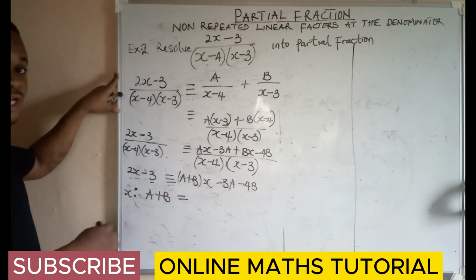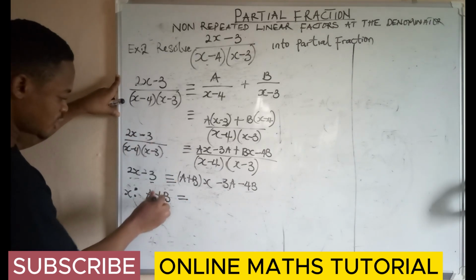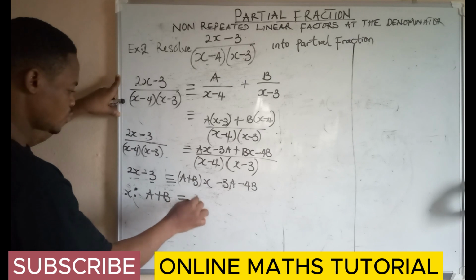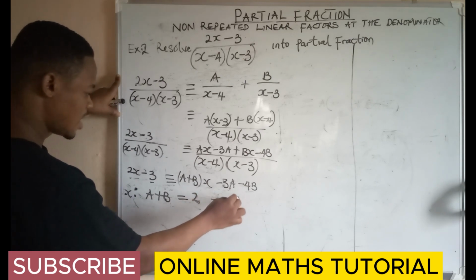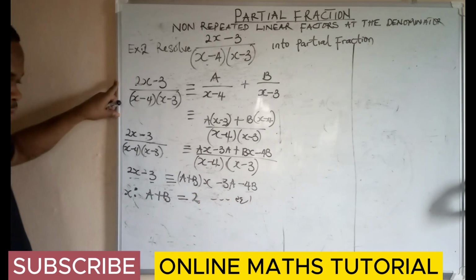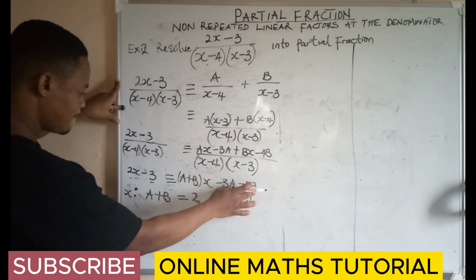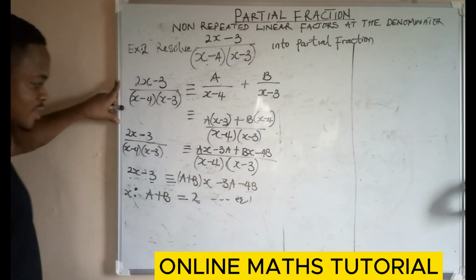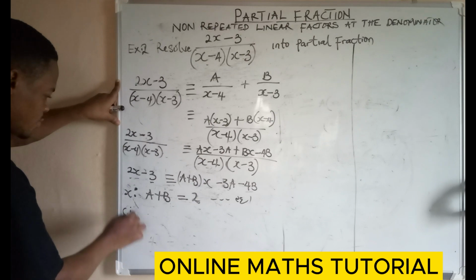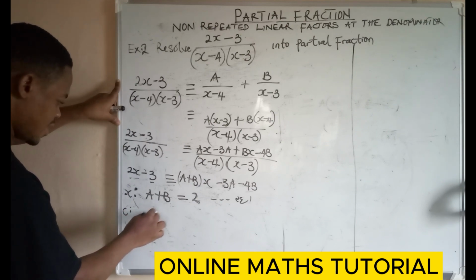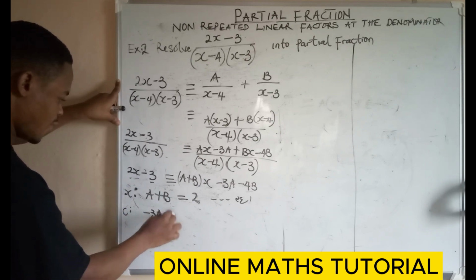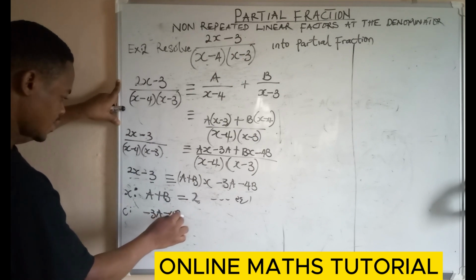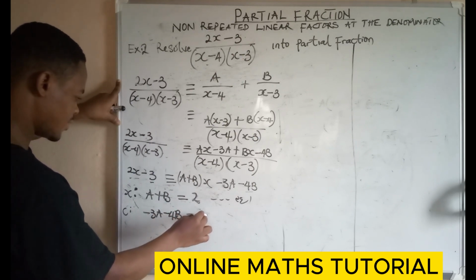So we can say that the coefficients are equal: A plus B is equal to 2, and we can call this our equation 1. We can equally say that the constants without x, minus 3A minus 4B, is equal to minus 3.